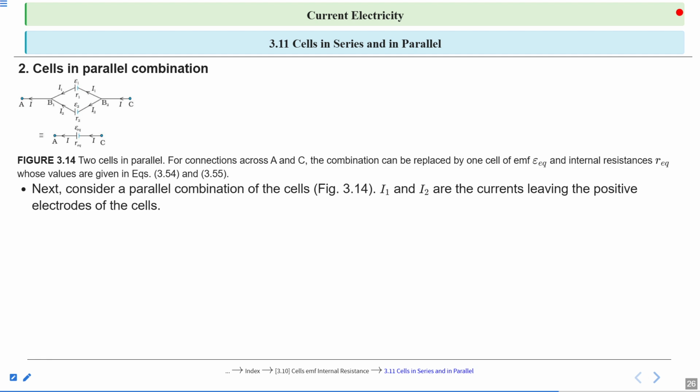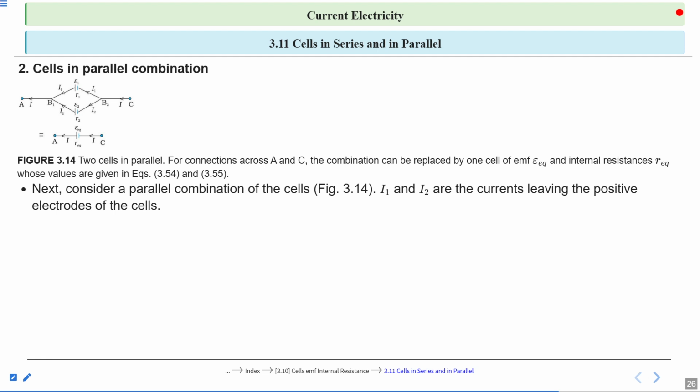Like in the second part of the diagram, the equivalent diagram is a combination of all the cells in parallel. So it can be shown in the form of one cell with EMF equal to epsilon equivalent and internal resistance equal to R equivalent.